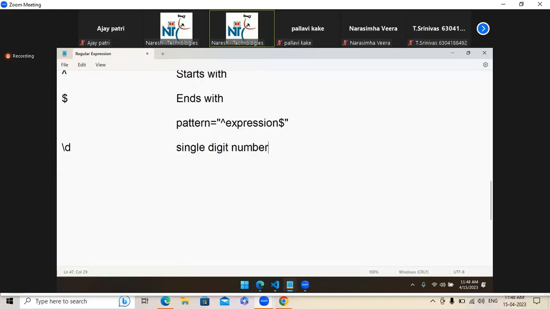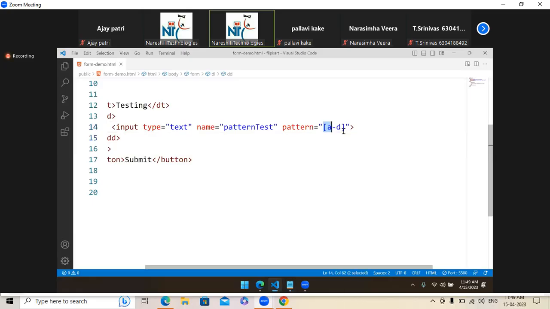Only numeric, any one digit number. Right? Any number means any single digit number between 0 to 9. For example, I wrote it like this. Pattern is equal to /d. That means it will allow only a one digit number. So see here. I am writing the pattern as /d.